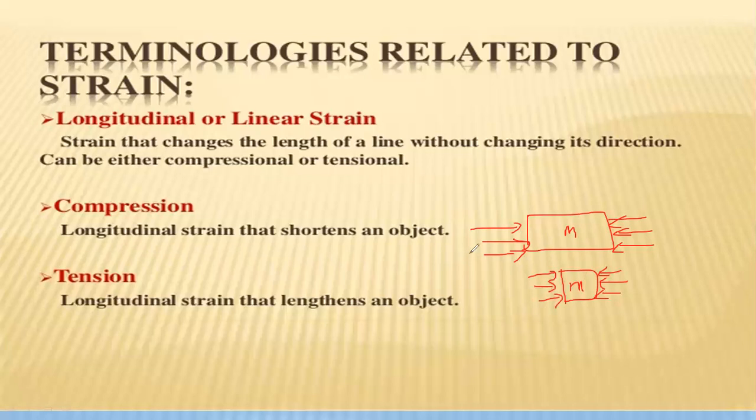And next one, tension. Longitudinal strain that lengthens an object. We take this object, and the tensile forces are acting on this body. So the body dimension should be changed.